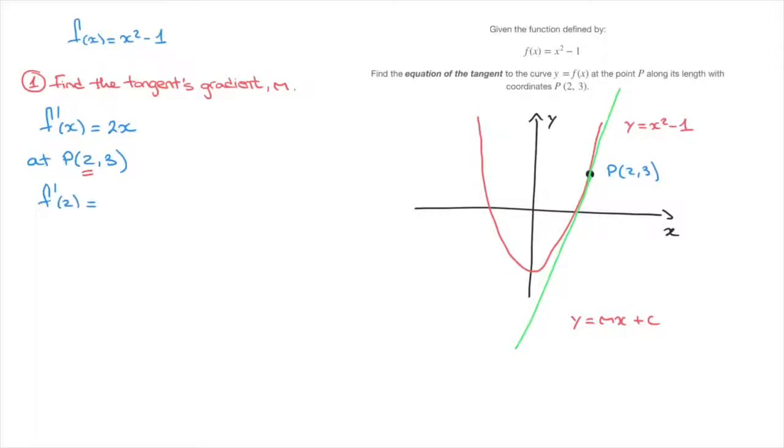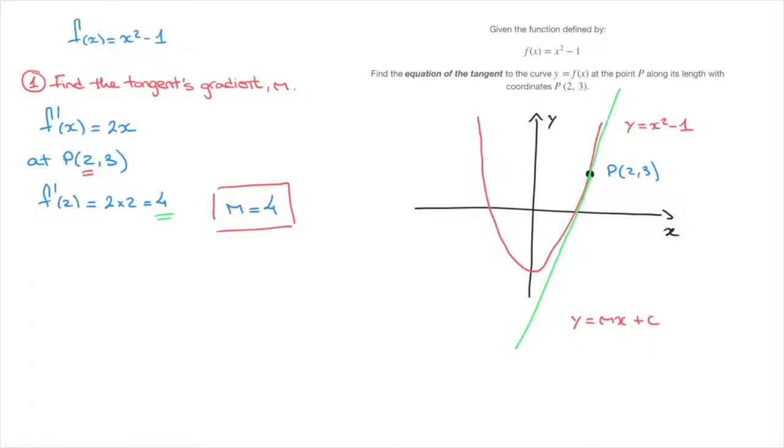And that will equal 2 times 2, which equals 4. And that's the gradient of the curve at point P. But since by definition the tangent has the same gradient as the curve at this point P, we can simply state that the gradient of the tangent is m equals 4. And that's our first step done.